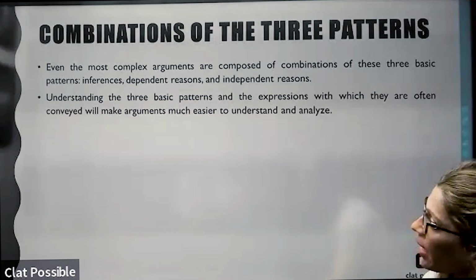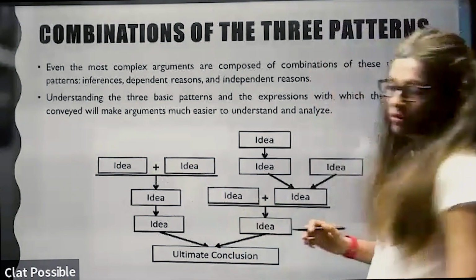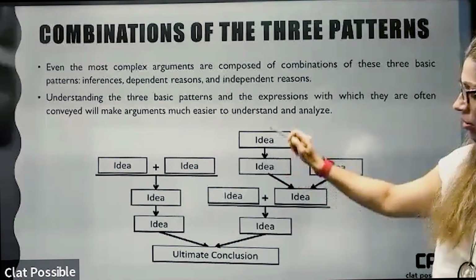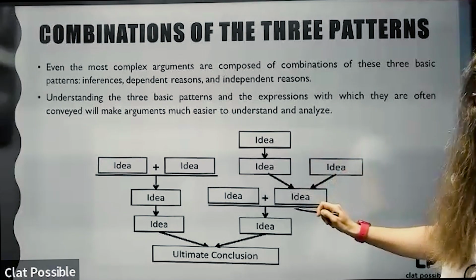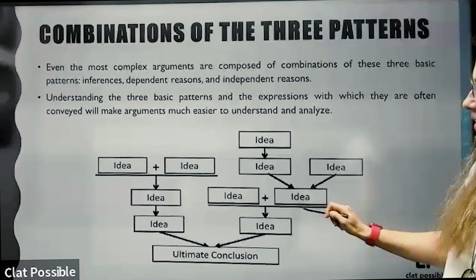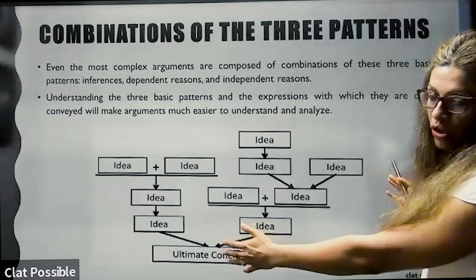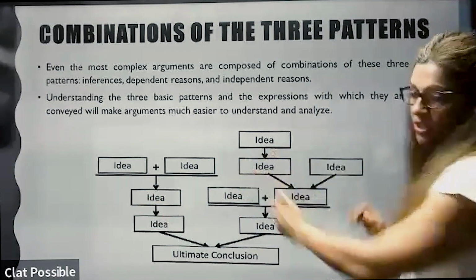So let's then go back to the combination thing. So what we have seen is that ideas can be conjoined, dependent, or lead, one leading to other, leading to third, or independent. So what you're reading in a passage could very well be a combination of all these three, or it could just be this much, or it could just be this much.